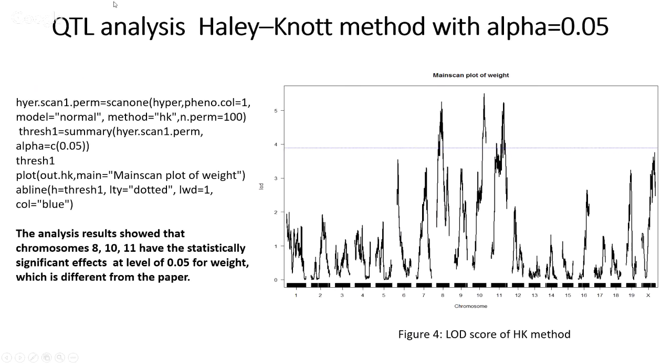This part is the R code. From figure 4, we can see the LOD score with the threshold. The analysis results show that chromosomes 8, 10, and 11 have a statistically significant effect on weight at the 0.05 level, which is different from the paper.